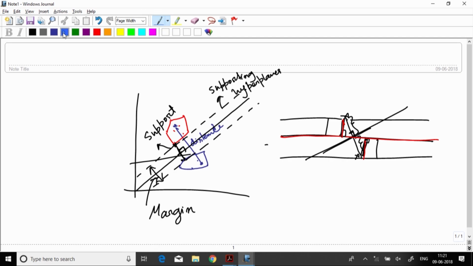And when your line was perpendicular to that connecting line, then your distance was this. You can just use simple trigonometry, these angles and those things, and you can find this will always be less. So find the hyperplane which is perpendicular to that connecting line.